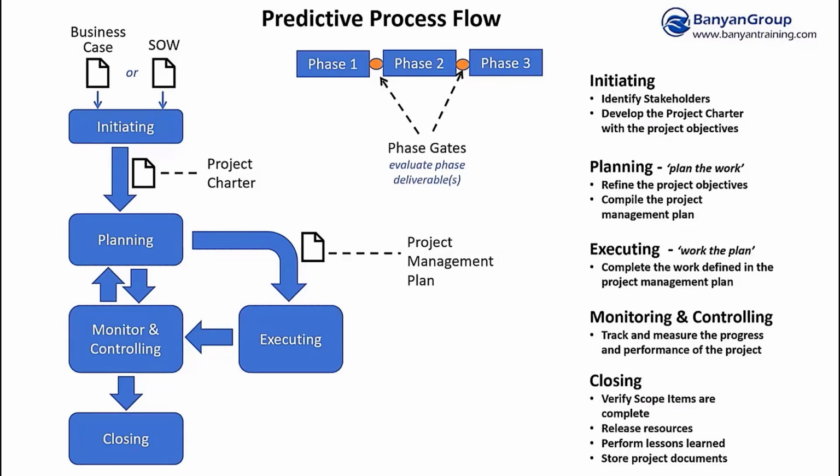Sometimes they call them kill points. It's where you'll end the phase, you'll evaluate the results and determine whether you need to go to the next phase or not. Sometimes projects end at the phase gate because marketplace conditions have changed, the product is no longer viable, and so there's no reason to move on to the next phase.